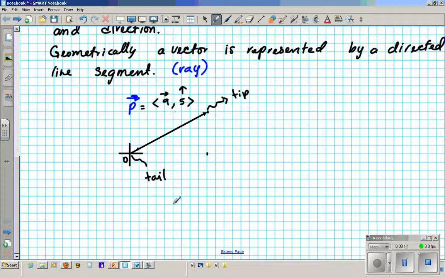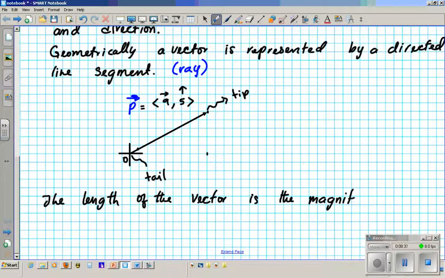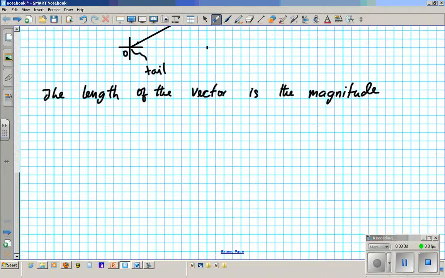All right. So let's write down some more information. The length of the vector is the magnitude. It's the magnitude. All right.